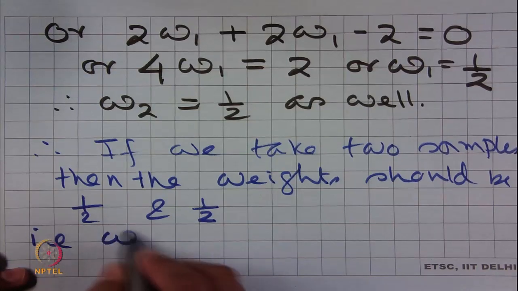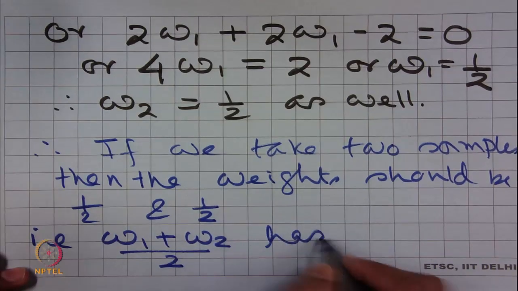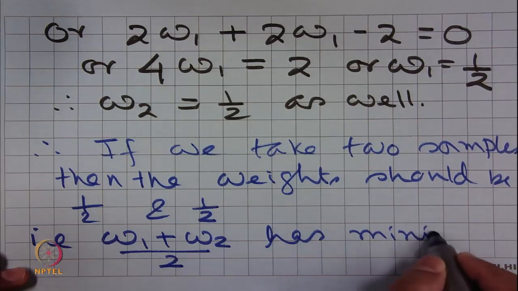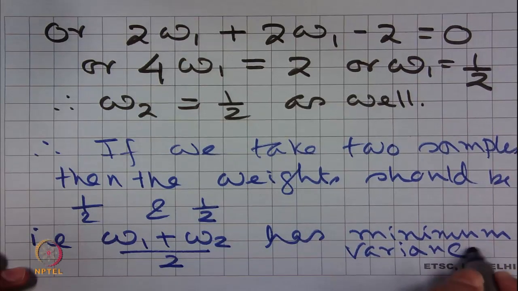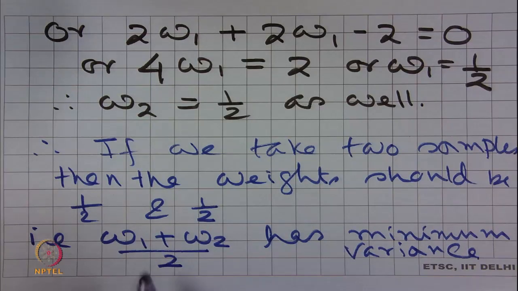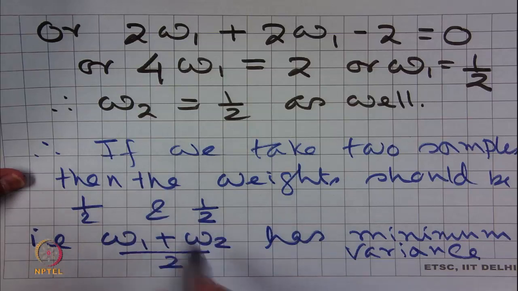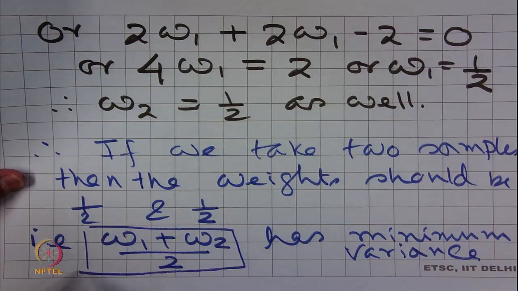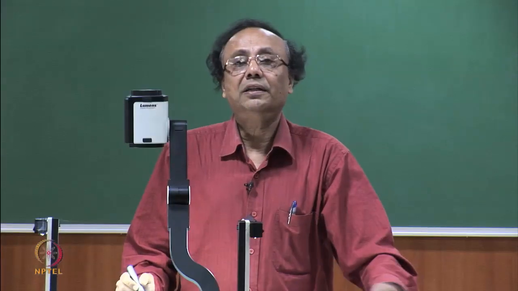That is, X1 plus X2 by 2 has minimum variance. And what is going to be that variance? We know that that variance is going to be sigma square by 2. Or in other words, if I take 2 samples, then arithmetic mean of the sample values is going to be the minimum variance unbiased estimator for mu.